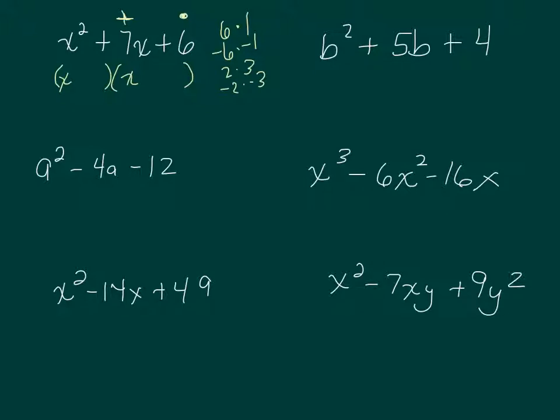Those are the ways that I'm going to get 6 when I multiply. So now let's add. What is 6 plus 1? 7. That's what I needed. So a positive 6 and a positive 1. So this factors into x plus 6, x plus 1. That's my full factored form.